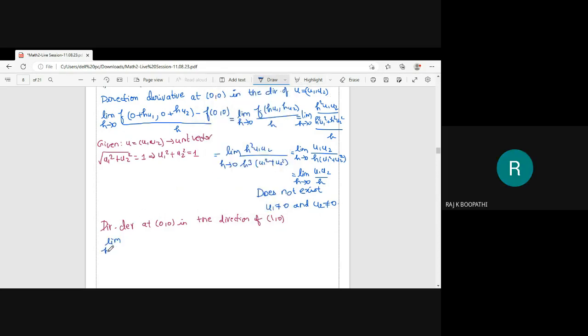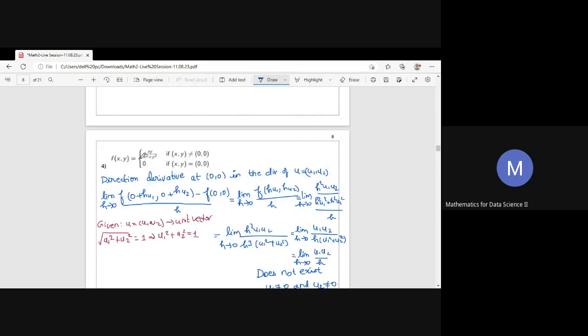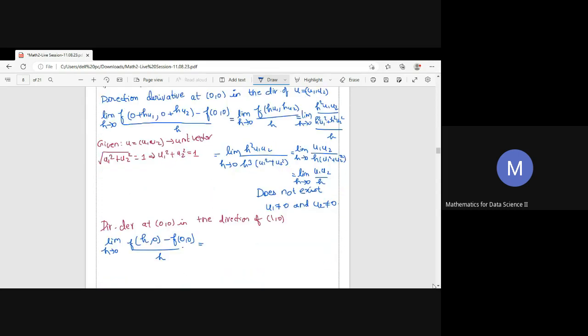The limit as h goes to 0 of f of h, 0 minus f of 0, 0, the whole divided by h. When you are putting y as 0, the numerator becomes 0. So you will get 0 minus 0 by h, the limit as h goes to 0. Already this term is itself 0, so this limit is 0.